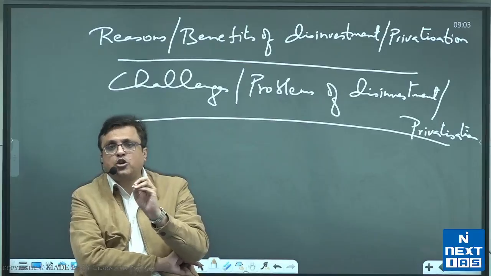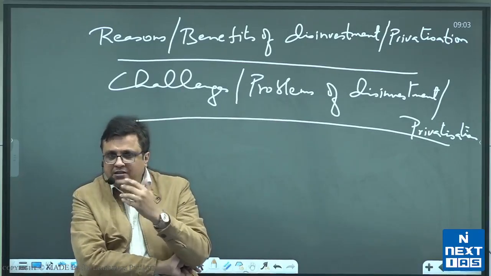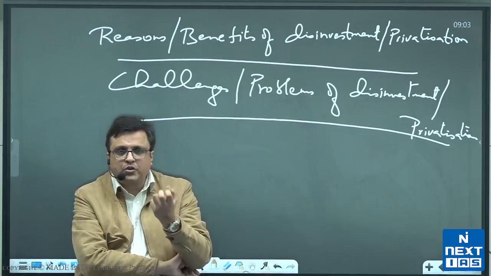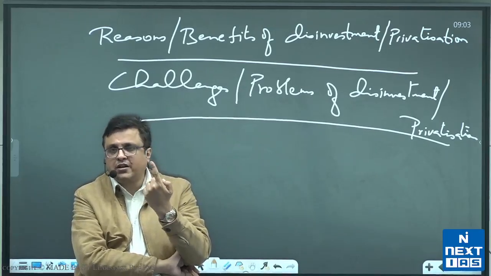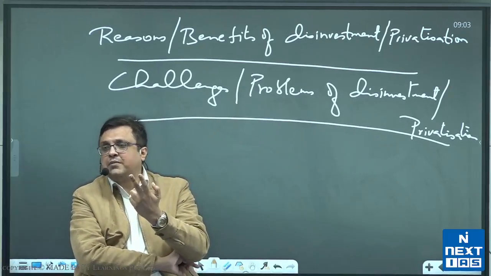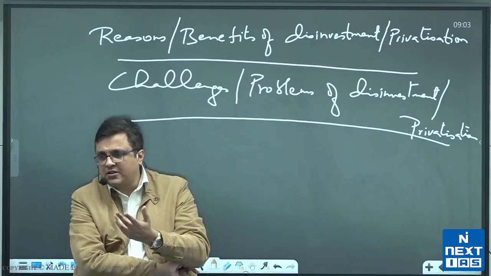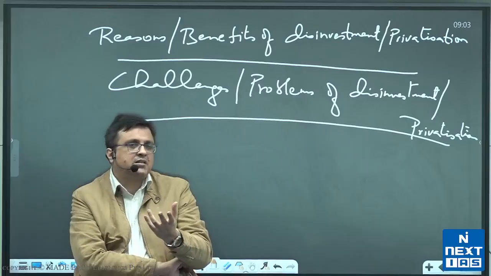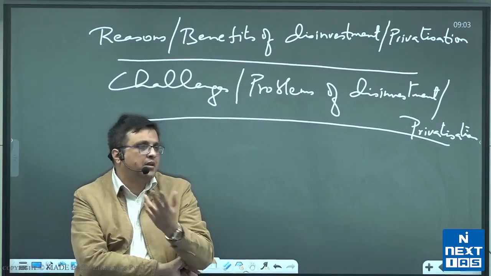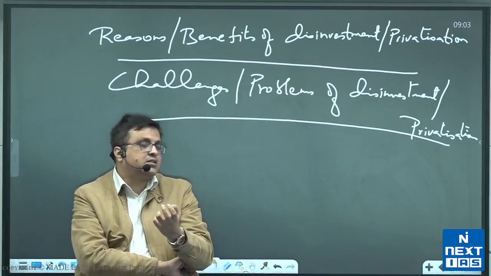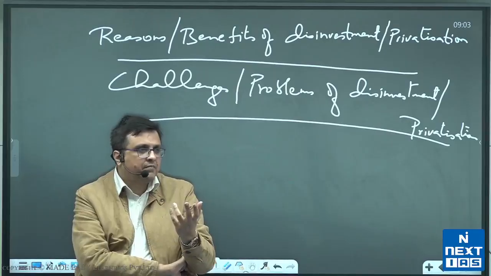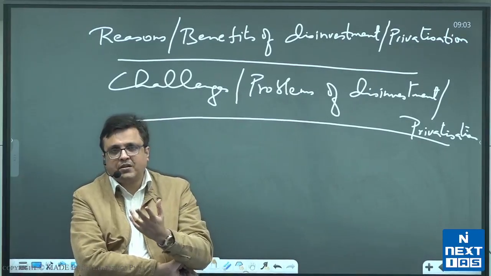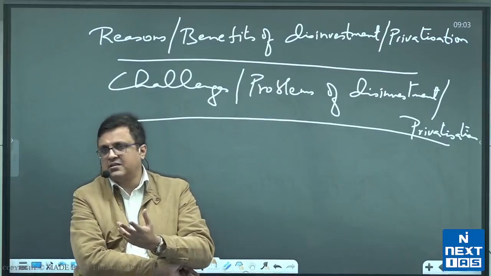A, protection at job. If I am privatizing a public sector, then the level of protection of job might become diluted. All right, that is one social security. Another social security can be, say, the policies like reservation. If I convert from public sector to private sector, then the policies like reservation may not be implemented. Another is policies of promotion, etc. All right. So these things can compromise with workers' security rather than anything else.